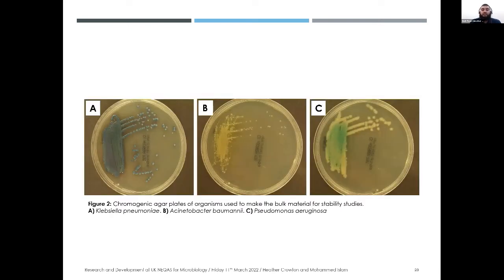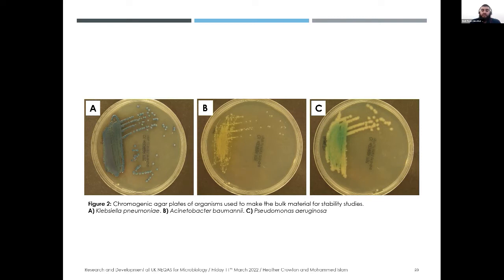So these are images of three of the organisms selected for the specimen material, which show growth and morphology of colonies. These plates provided the source material from which the individual specimens were made. ID and genotypic testing was carried out to ensure there's no contamination. Image A is of Klebsiella pneumoniae, and image B is of Acinetobacter pneumoniae.